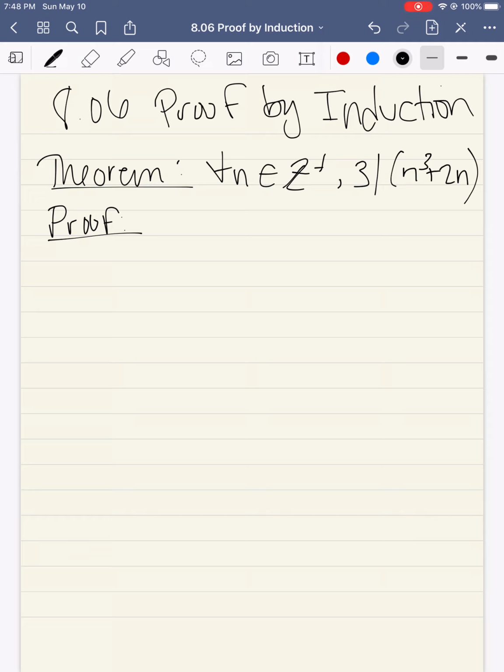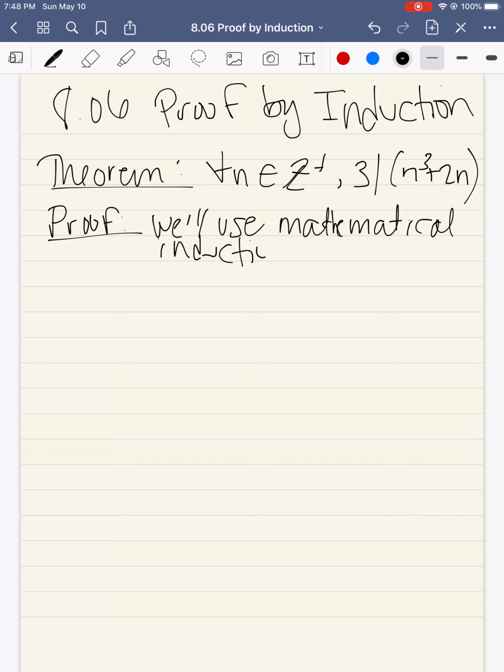So we start out by saying we'll use mathematical induction. Consider the following steps. Okay, so proof by induction has 4 steps.